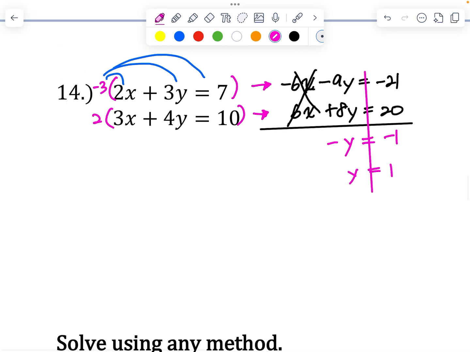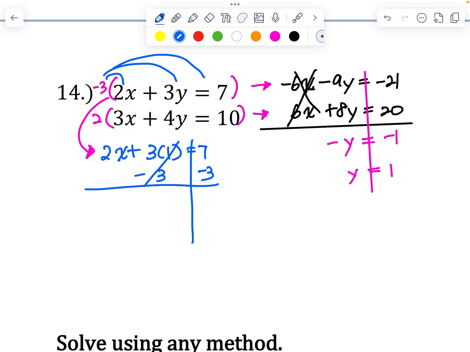Okay. Now I'm going to take that equation and then go 2x plus 3 times 1 equals 7. Subtract 3 on both sides. So I get 2x equals 4. Divided by 2 on both sides, x equals 2.